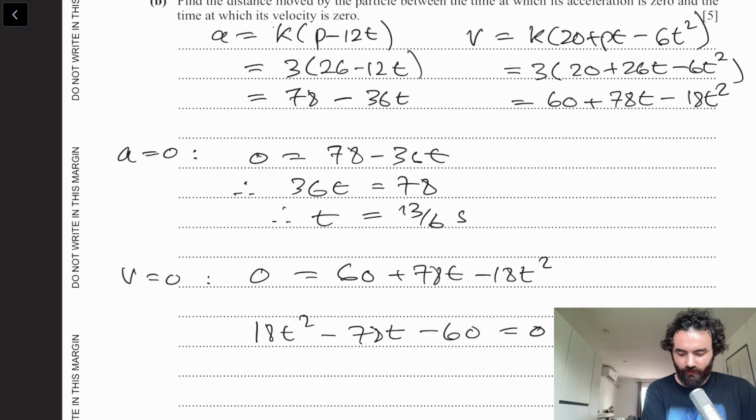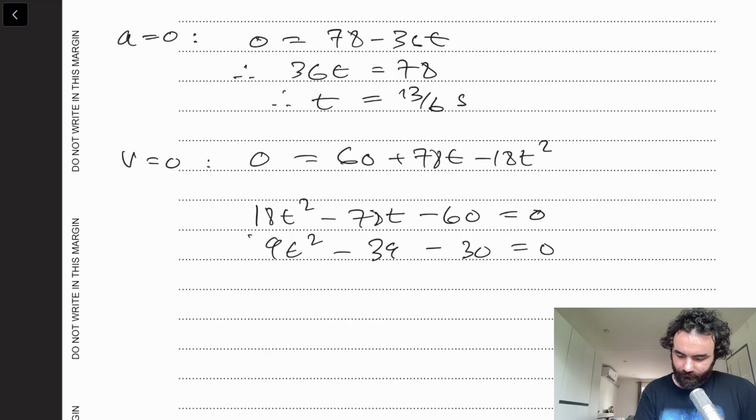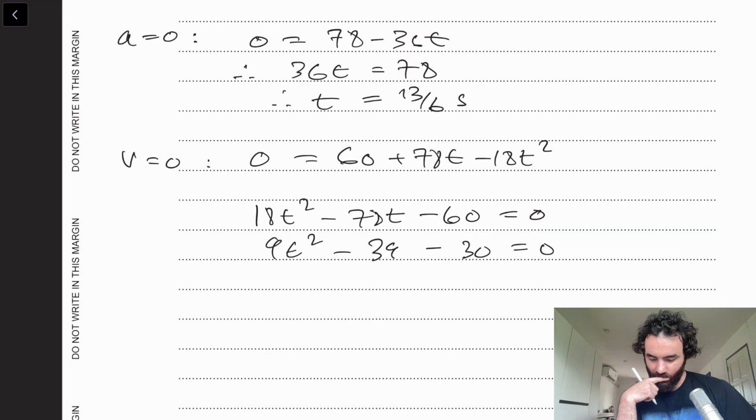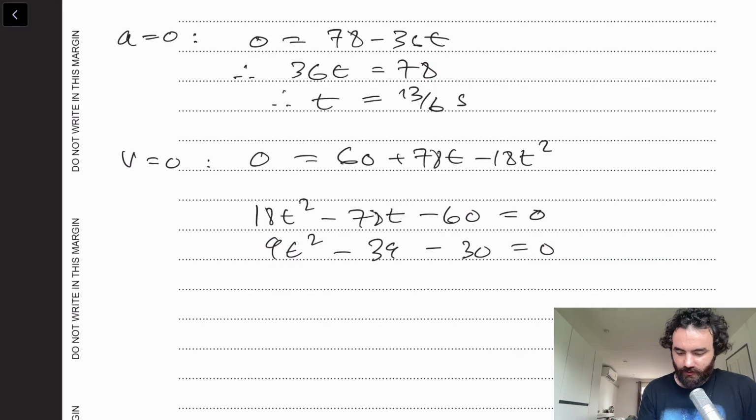I'm going to divide everything by 2. We get 9t squared minus 39t minus 30 equals 0. Can I make it any smaller? 39 divided by 3 is 13. So divide by 3, so we get 3t squared minus 13t minus 10 equals 0.